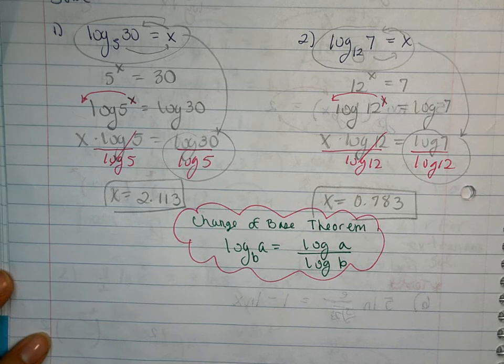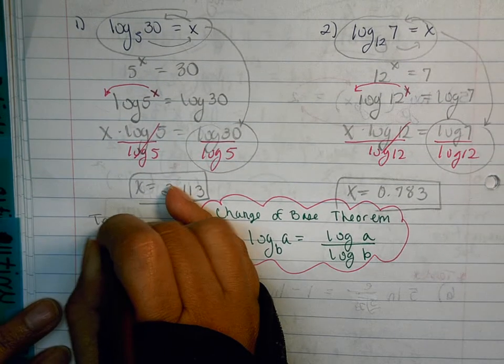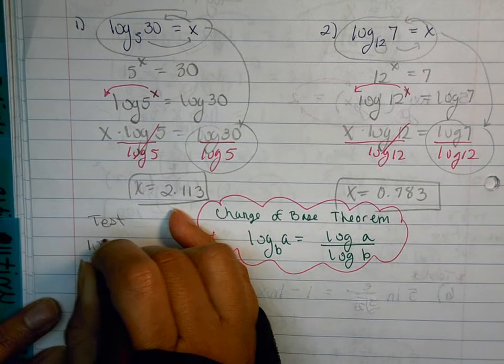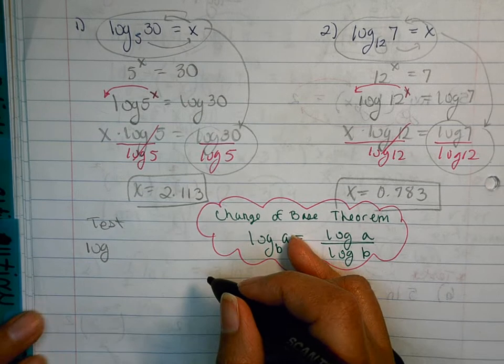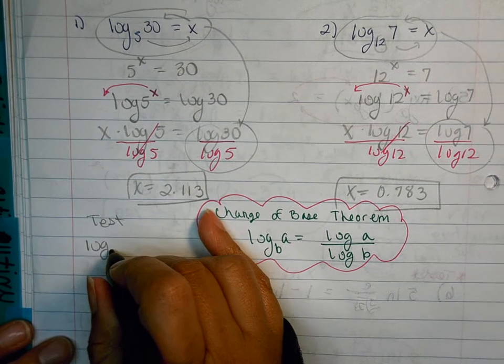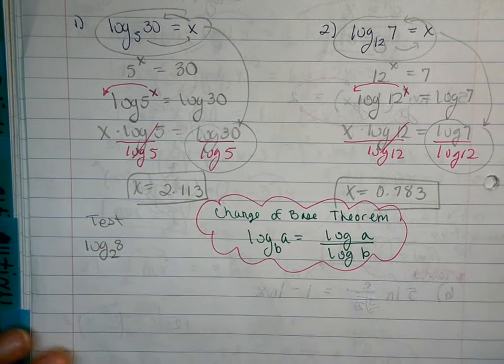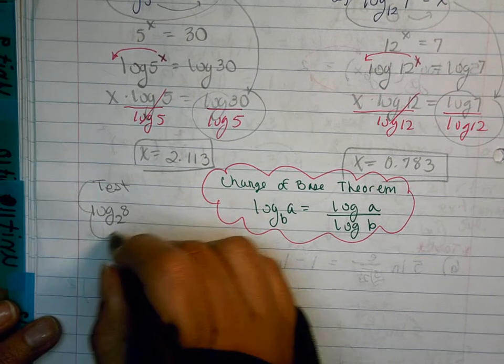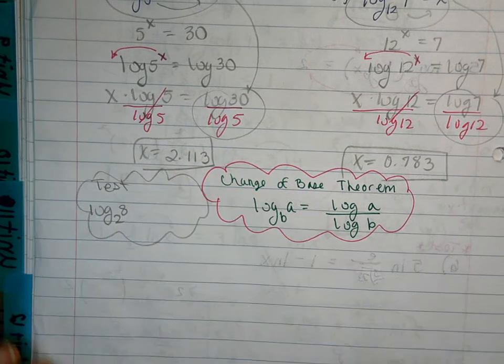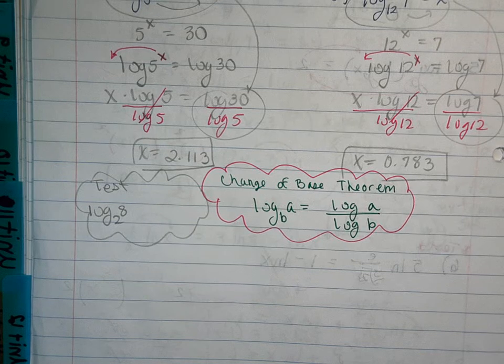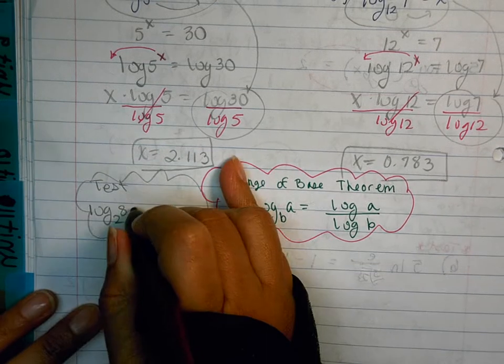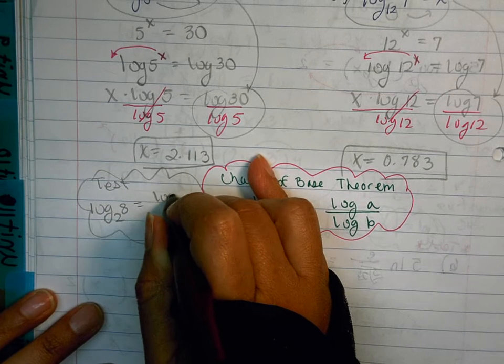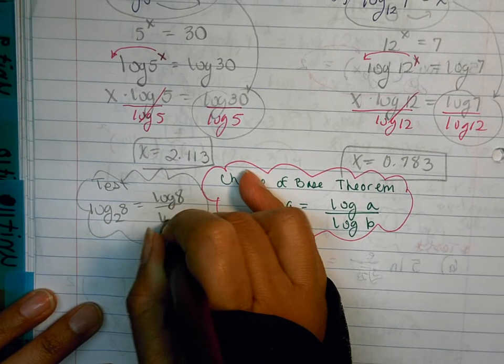Now let's just test it really quick. Log base 2 of 8. That one we know: 2 to the 3rd power is 8. So we know that answer should come out to be 3. But if we did change of base, it would be log of 8 divided by log of 2.